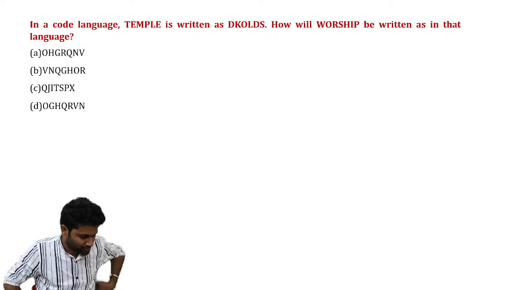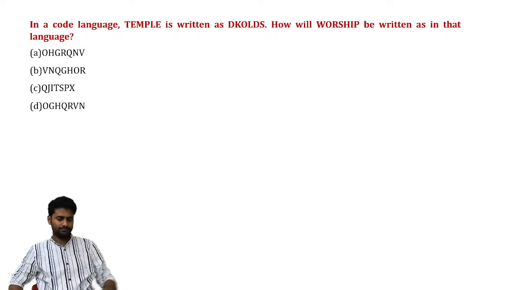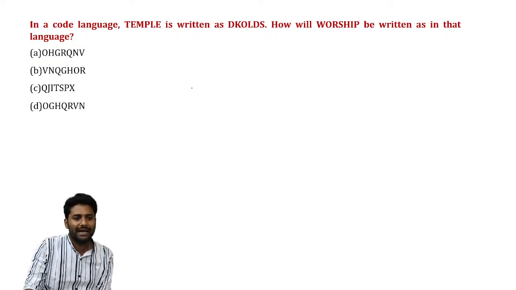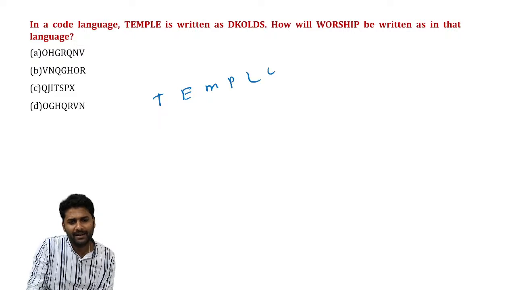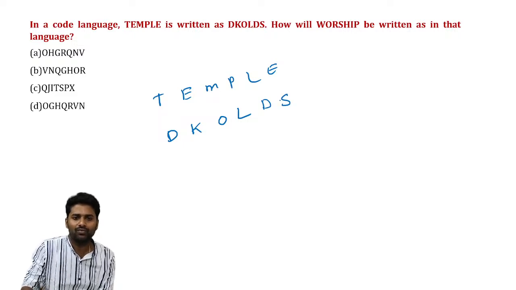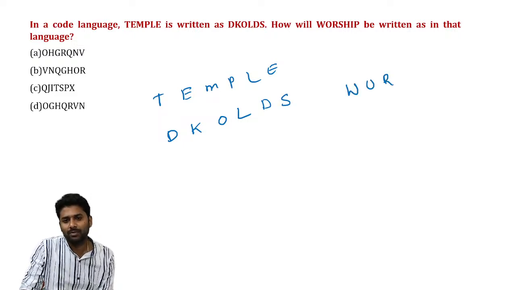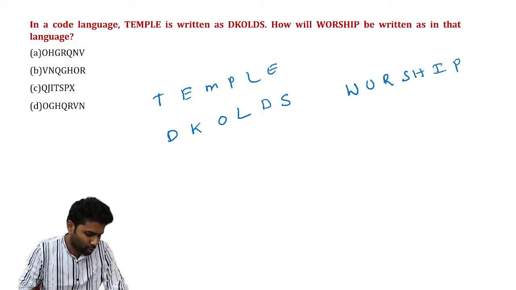So try to answer this question. In a certain code language, TEMPLE is coded as DKOLDS. Then how is WORSHIP written in that code language?